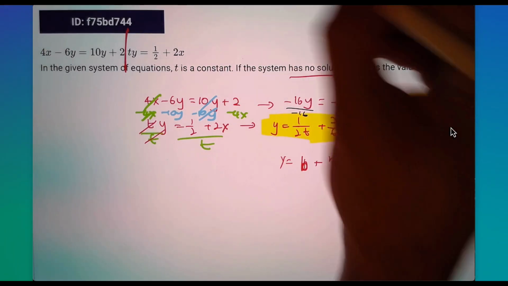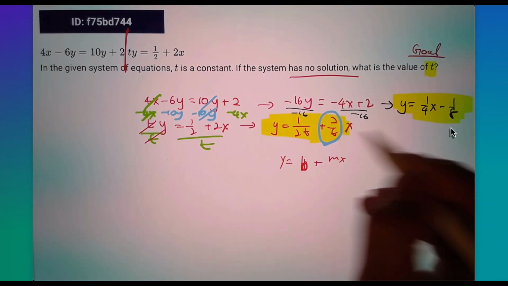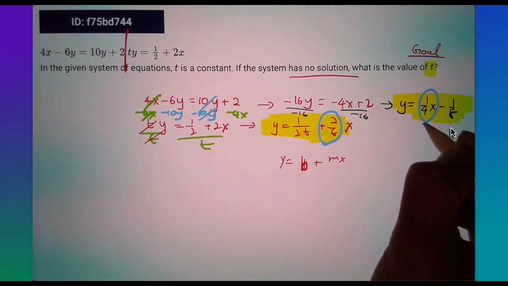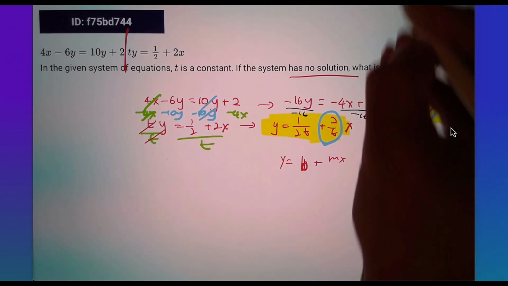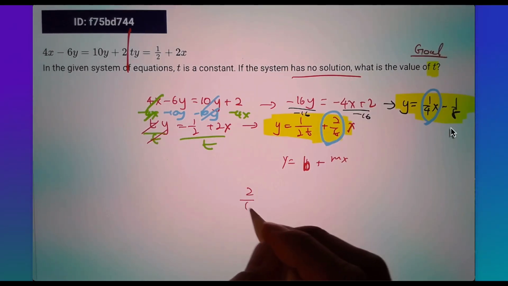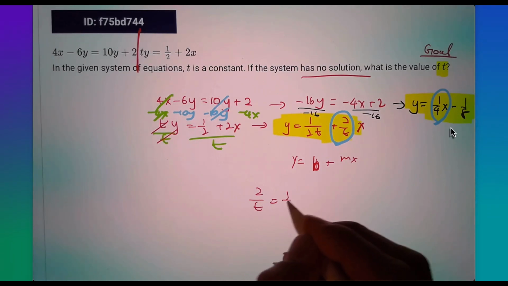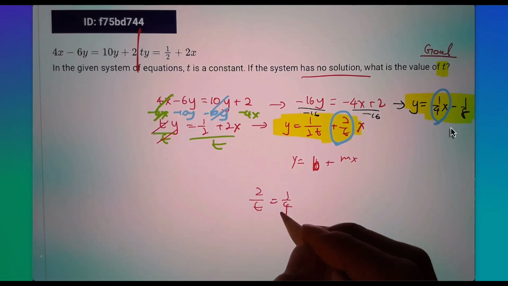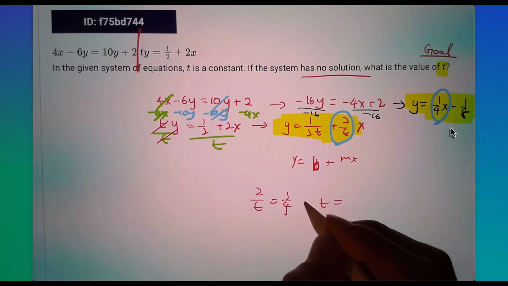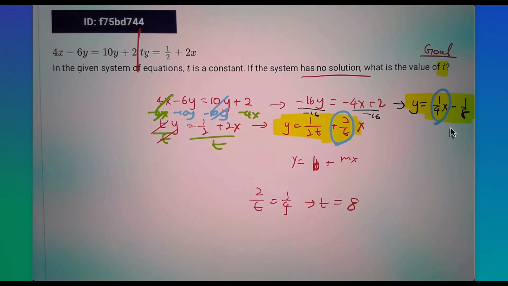Let me use a different color for that. The slope here must be equal. So if you see 2/t, and we set that equal to 1/4, then you know that t has to be 8. So 2/8 is equal to 1/4. So you keep the same slope.